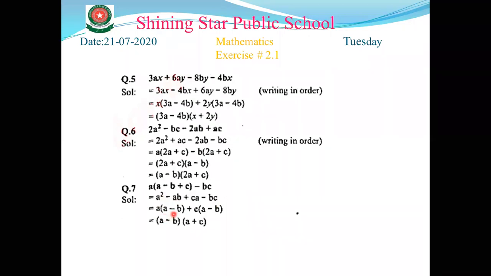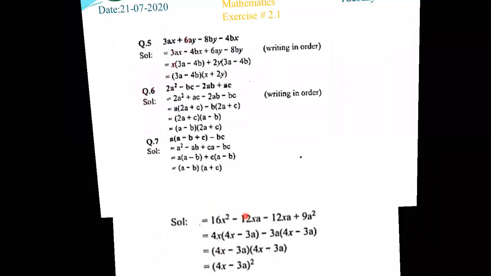Okay, and from these two terms we can take common c, so we get a minus b. Now a minus b is the same in both the terms, so we can take the common a minus b. And when we take the common a minus b, we get a plus c, which is your required answer.